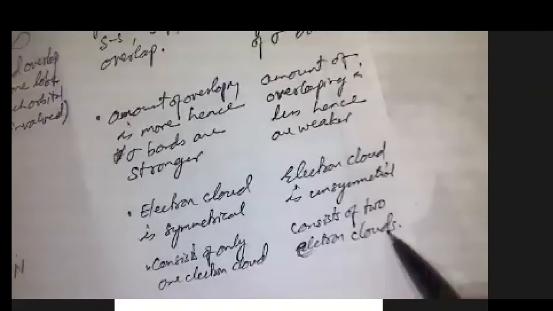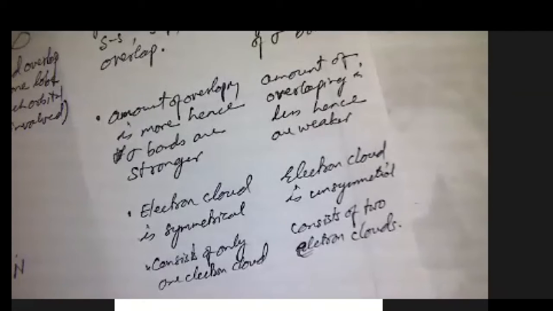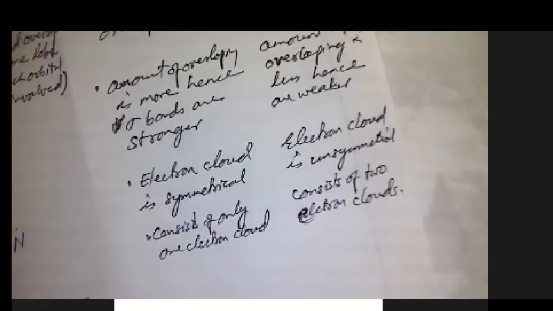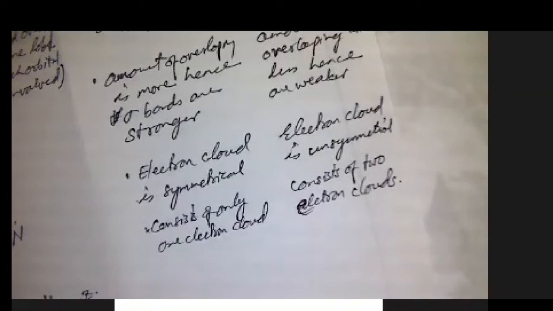Why? Above and below. One consists of only one electron cloud, the other consists of two electron clouds. Is it clear?